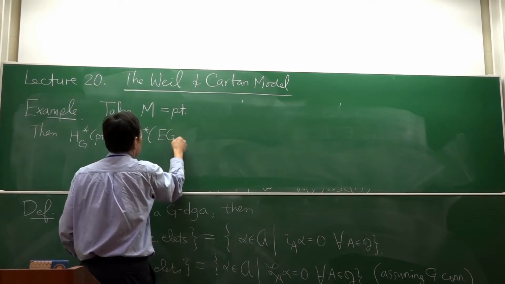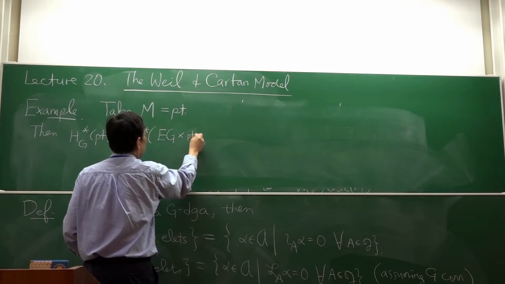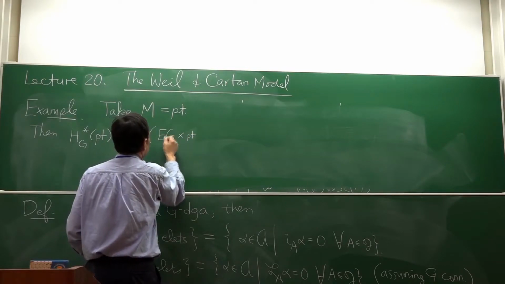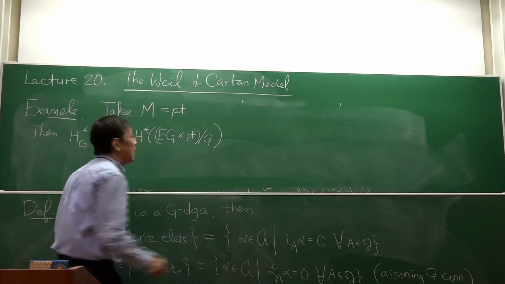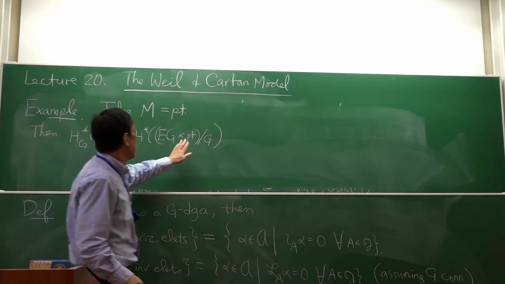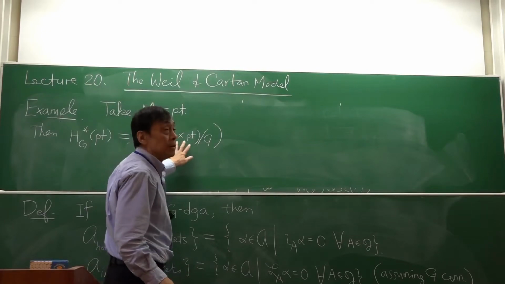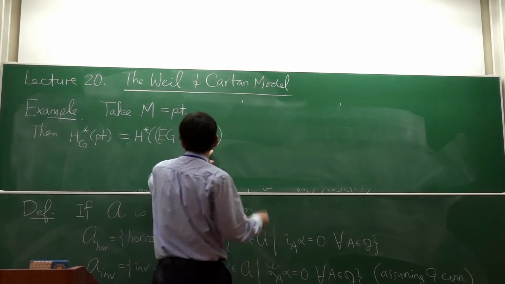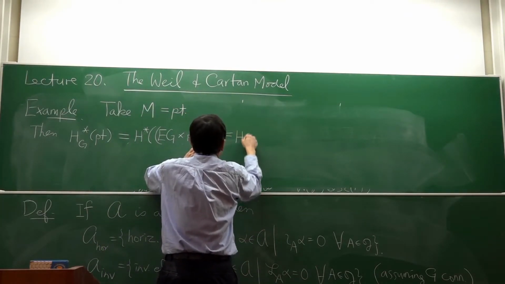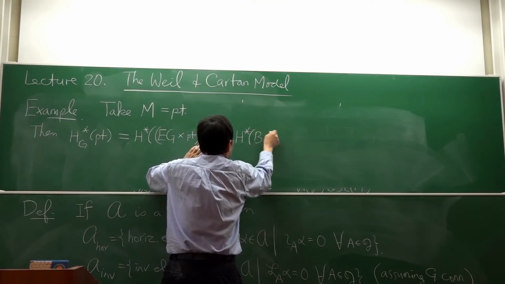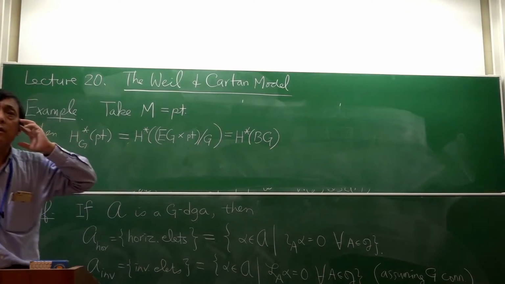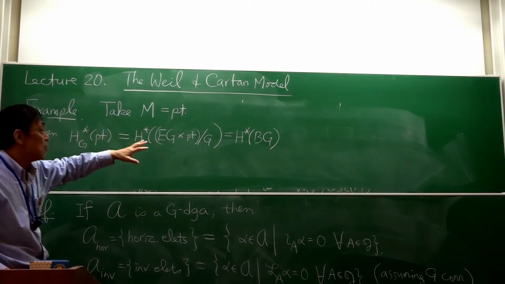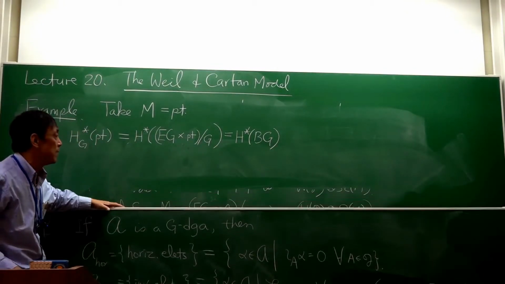So you take EG cross a point, and then you divide by G. EG cross a point, it's just EG. So EG over G is BG. Okay. So the equivariant cohomology of a point is the cohomology of the classifying space.